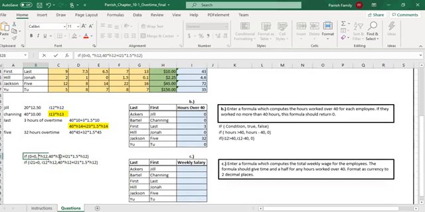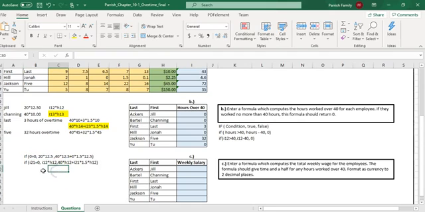I'm going to take the 20 times Jill's wages, which is 12.5. But if this was not 0, then it would take the 40 times the 12.5 plus, in this case, 0 times 1.5 times 12.5.